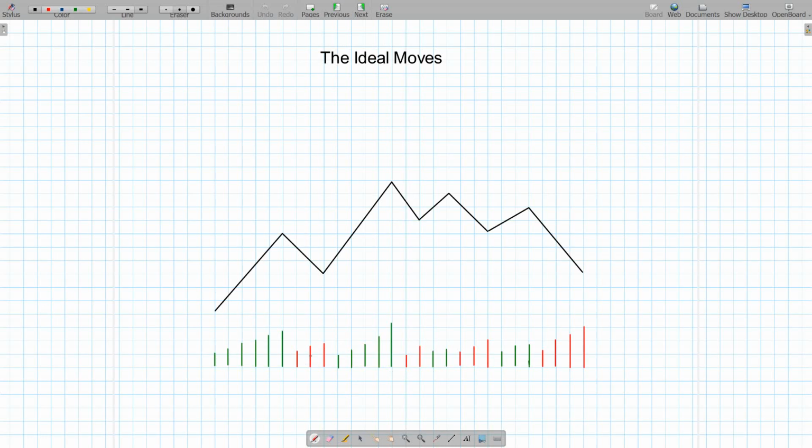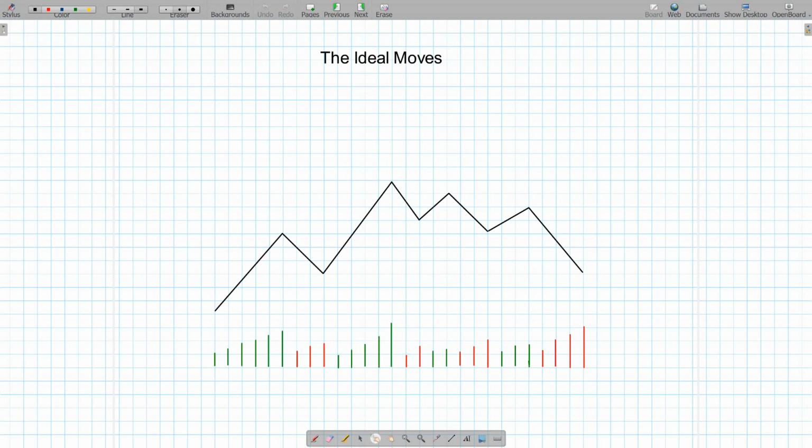This is what Weiss was doing, and we will get volume waves. All right, and the ideal move is, as long as the price is moving, also the volume is moving, and they're linear, meaning big volumes, big price move. Small volumes, small price move.